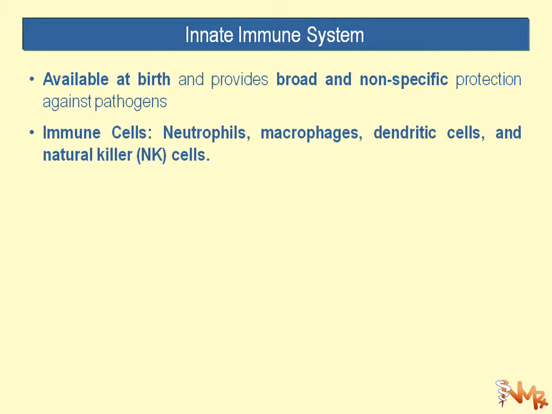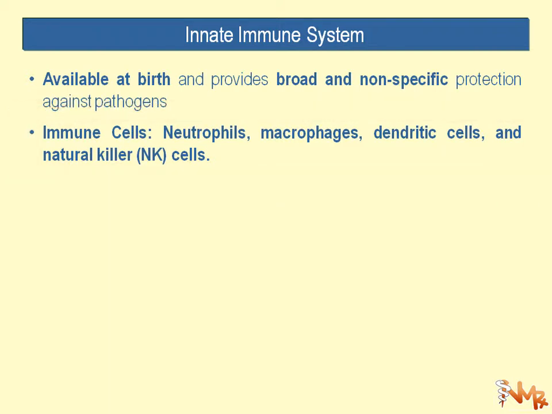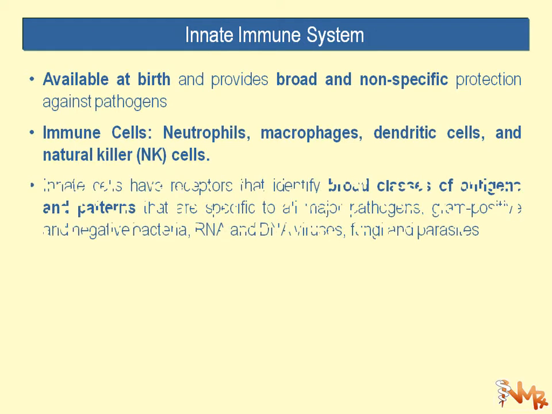Immune cells of the innate system are neutrophils, macrophages, dendritic cells, and natural killer cells. So these are the characters that we're going to be looking at a little down the road as we're going to get more specific about the function of the innate immune system.